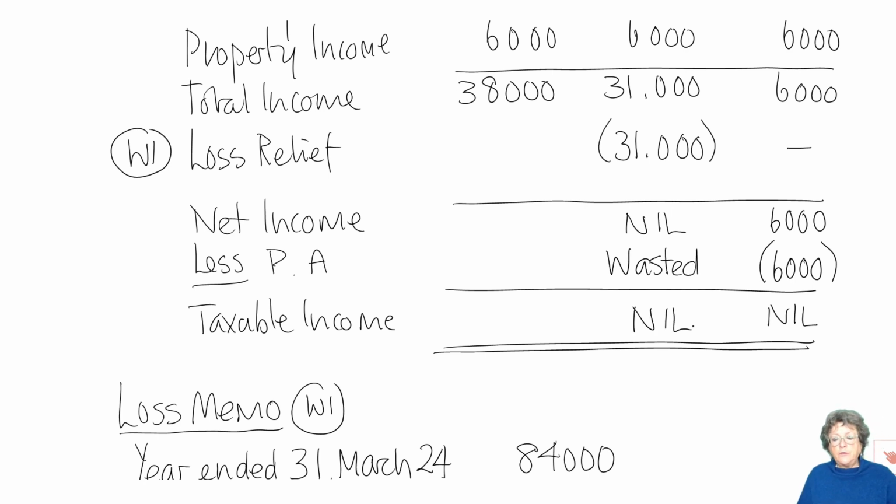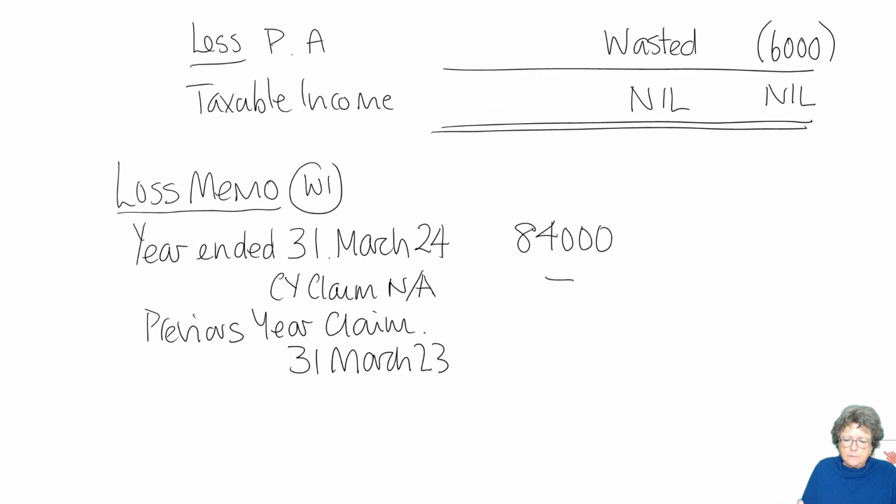If we want to carry that back, which is our only option in this situation, then that 31,000 is an all or nothing claim, which means that our personal allowances are wasted. So we're going to put that in there, which leaves us with a balance of 53,000.